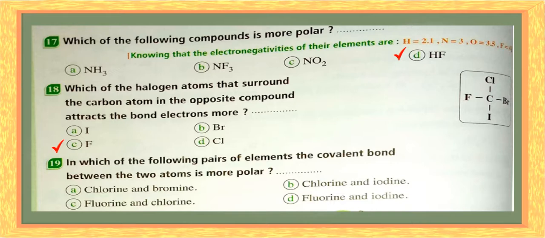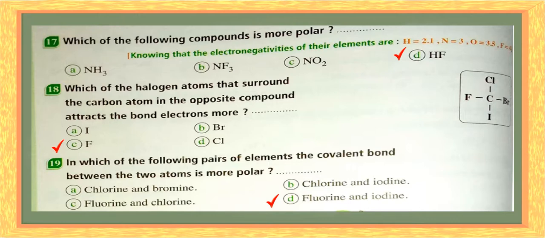For the more polar bond, one atom must have high electronegativity and the other low. When we compare, as we said, in the halogen group fluorine is the highest and the least is iodine, one up and one down.